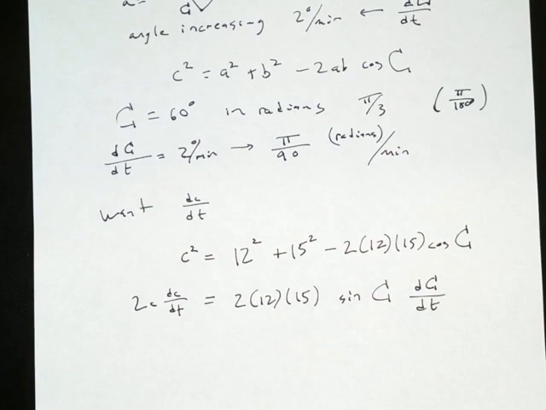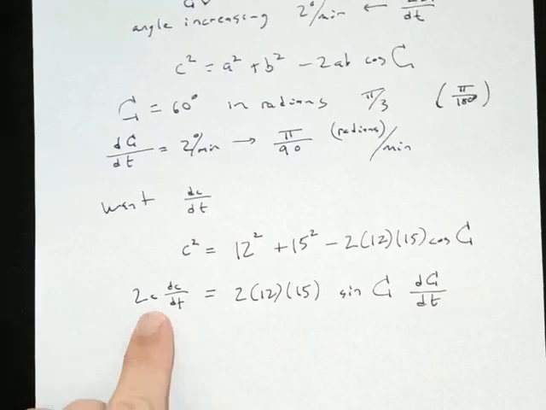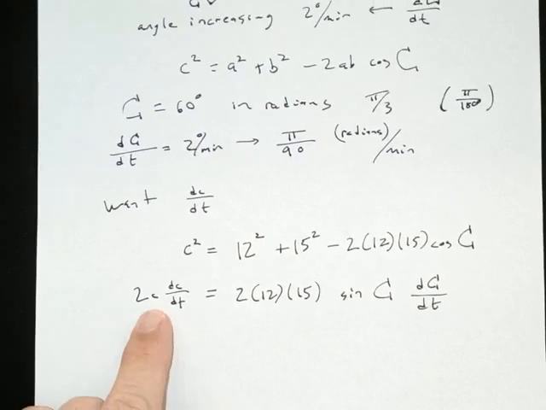Disgusting, isn't it? Please notice, on the right, I know C. I know dc dt. On the left, I want to find dc dt. I don't know C. How do I find this little c right here?